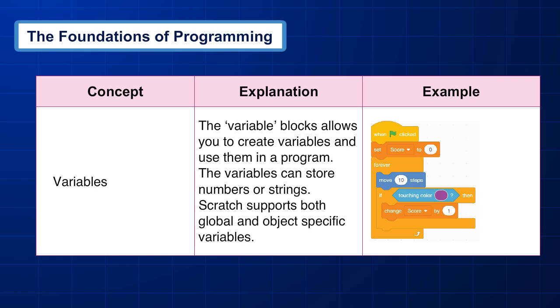Scratch supports both global and object-specific variables. When clicked, set score to 0. Forever, move 10 steps. If touching color 9, then change score by 1.